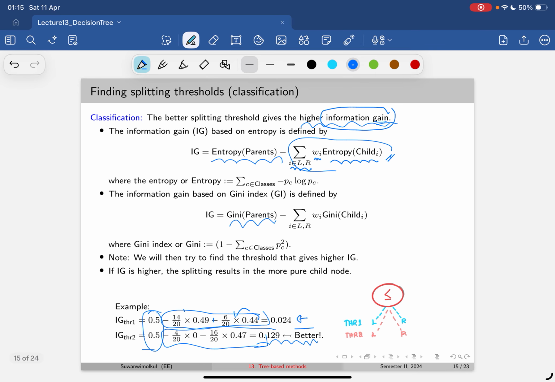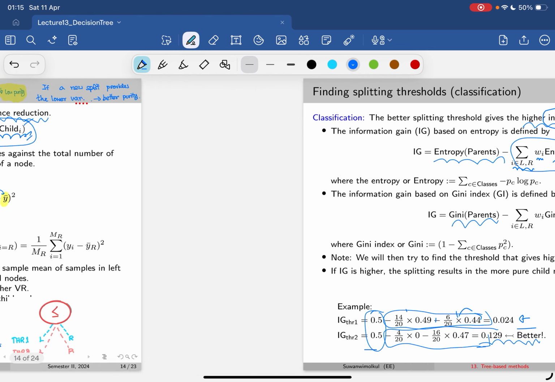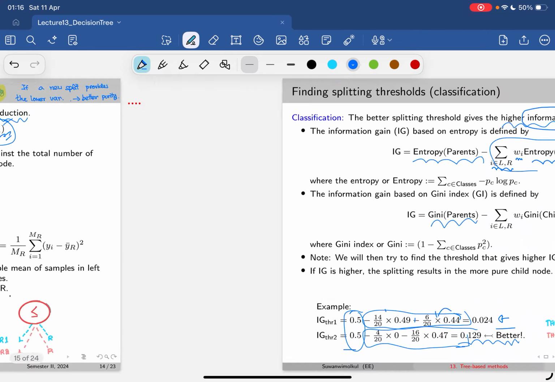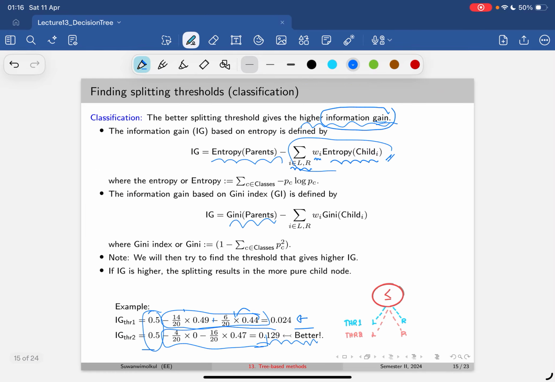Yes, so a higher gain gives you a better splitting. Again, a higher reduction gives you a better splitting, but don't forget that a higher reduction comes from the fact that the new splitting is giving you lower variance, therefore the node is giving you higher purity. Likewise, for classification, you get a higher gain.